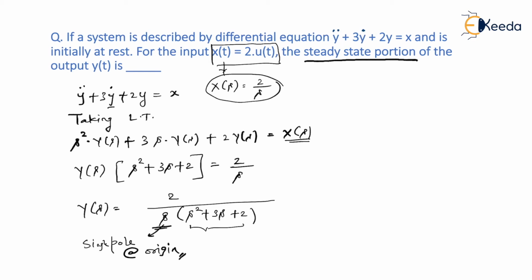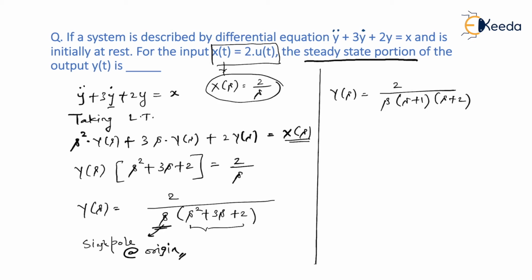But as you can see, Y(s) is not in a position where you can apply the inverse Laplace formula. So again, you have to follow a certain procedure, that is nothing but partial fractions. So now the same Y(s) can be written like this: 2 upon s into (s plus 1) into (s plus 2).